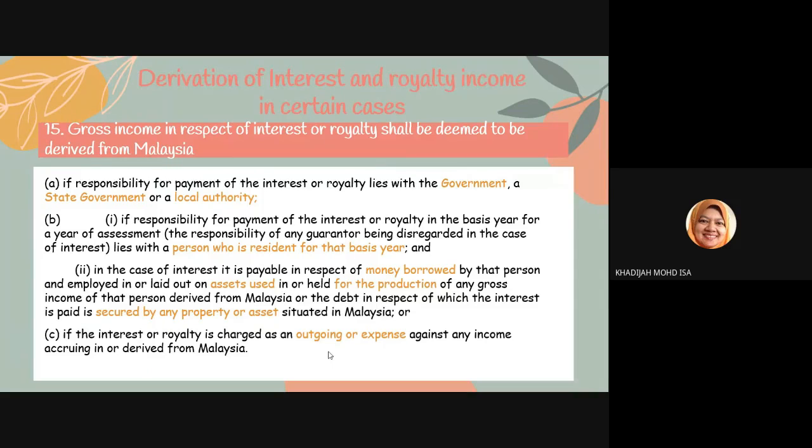apply this knowledge. We say that interest income is subject to tax if it's derived in Malaysia, and how do you look at the derivation? Number one, the company that pays the interest must be a Malaysian resident company, and the money borrowed must be used in the business in Malaysia, either in the production, meaning that you can use it as working capital, for example, or you can use the money on an asset, and the asset must be used in the production of income in Malaysia, plus of course secured by any property.